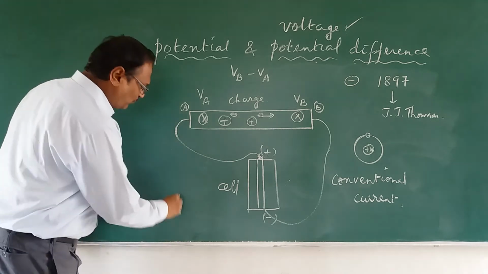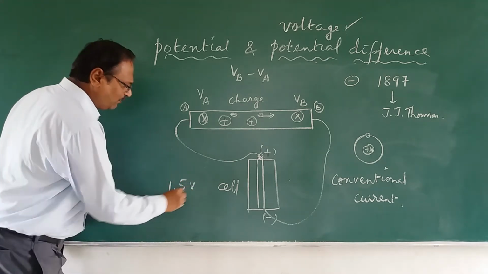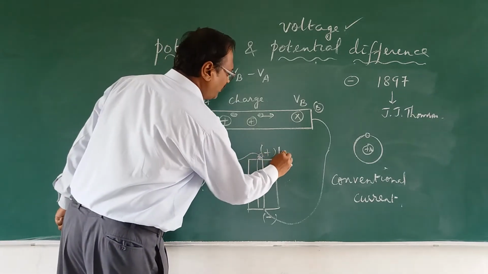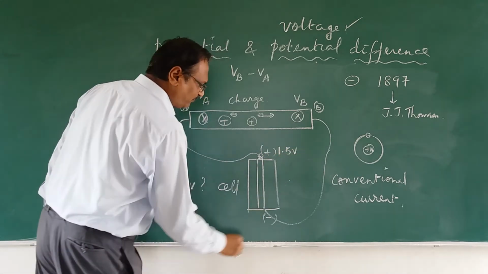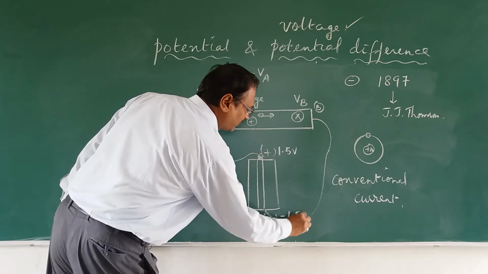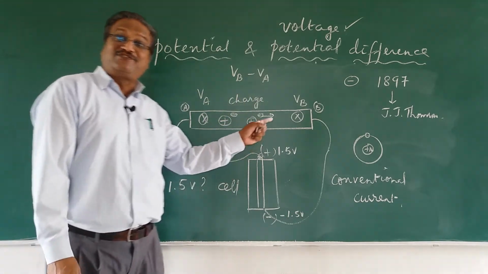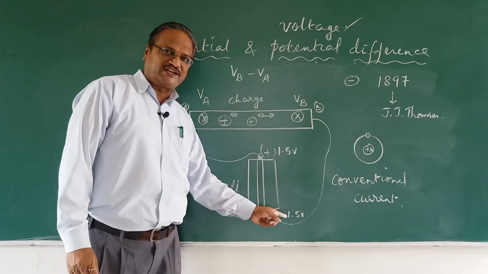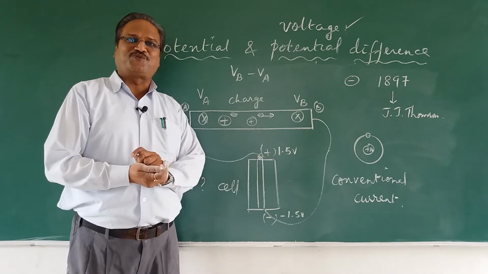If this is a 1.5 volt cell, what does this mean? It means this point is higher, at plus 1.5, and this is minus 1.5. So there is a difference in potential. If there is a difference in potential, then only current will flow.